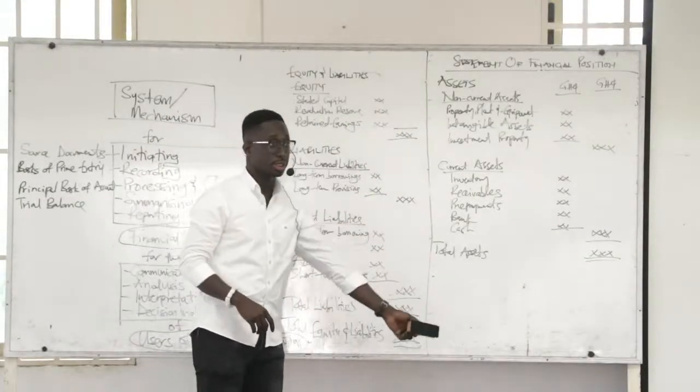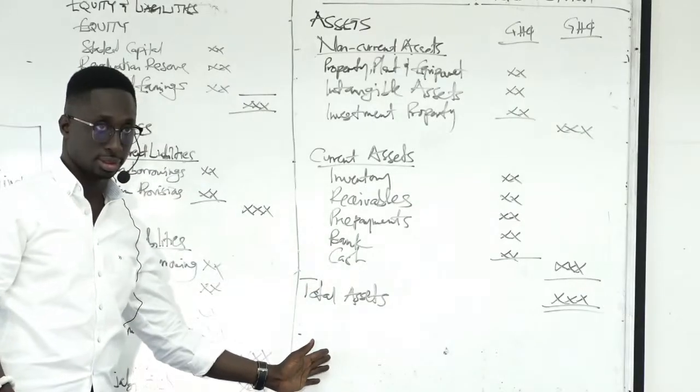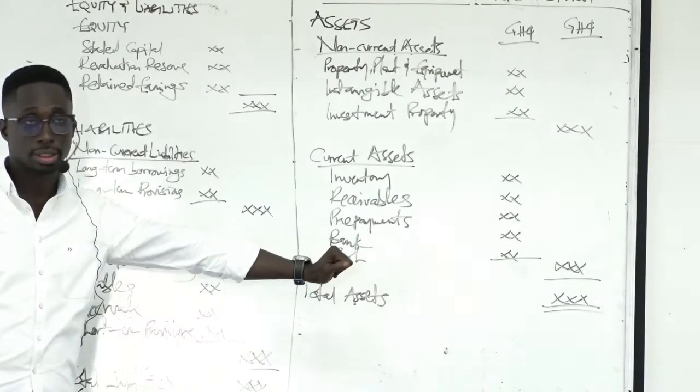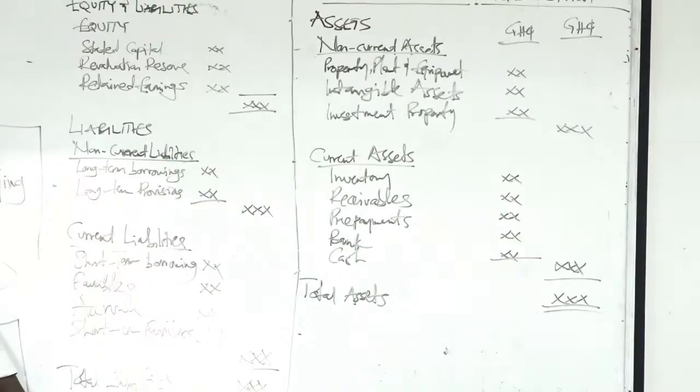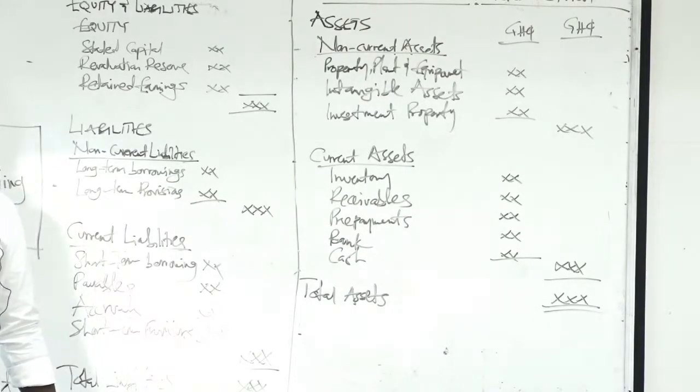From what you see here, something significant you'd identify: current assets, liabilities. In accounting, there's a period known as the next 12-month period.